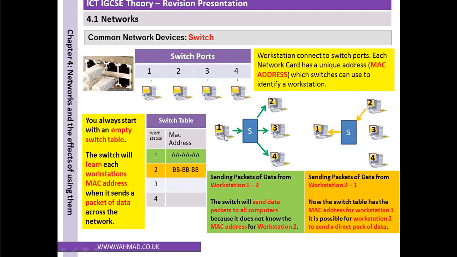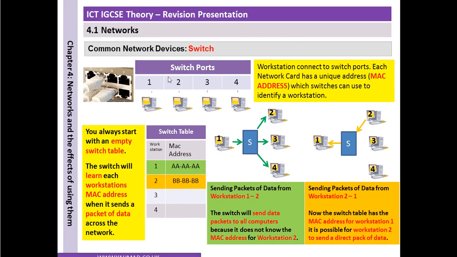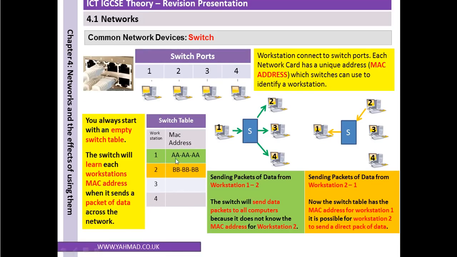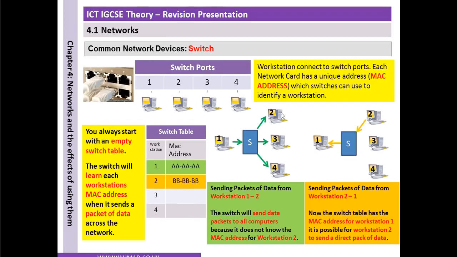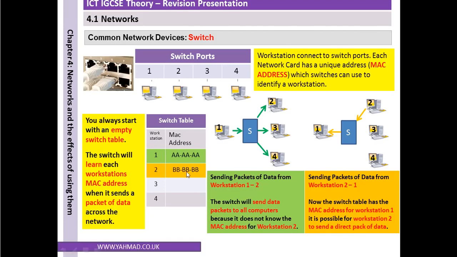For example, if this workstation here sends something across the network, the switch table will automatically learn this address here. Now, if this computer wants to send a message to this computer here, the sending computer's address will be stored into the switch table.